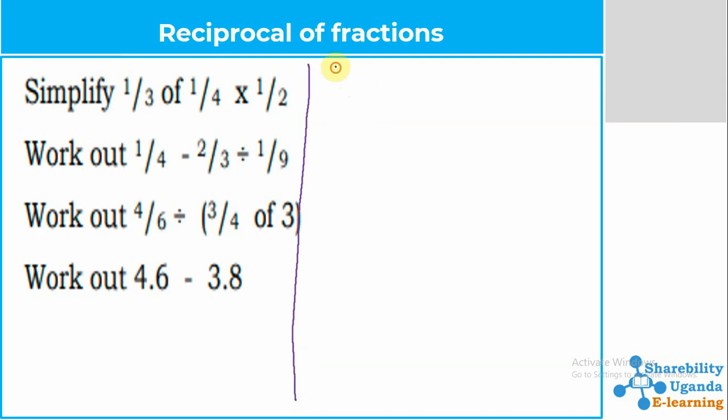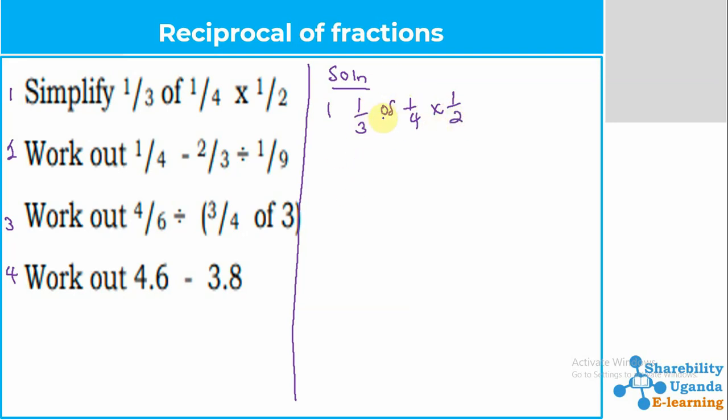We have the solutions. Okay, let's say this is going to be our number 1, number 2, number 3, number 4. So for solution number 1, we have 1 out of 3 of 1 out of 4 times 1 out of 2.